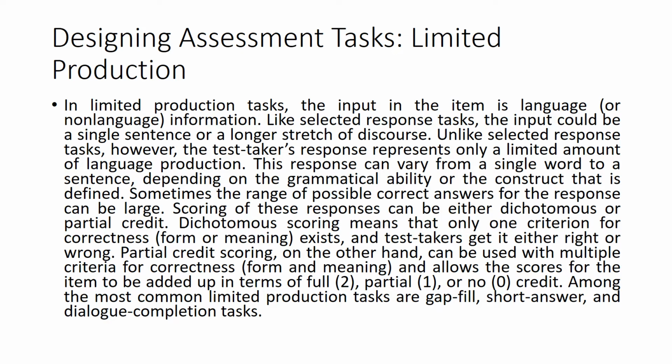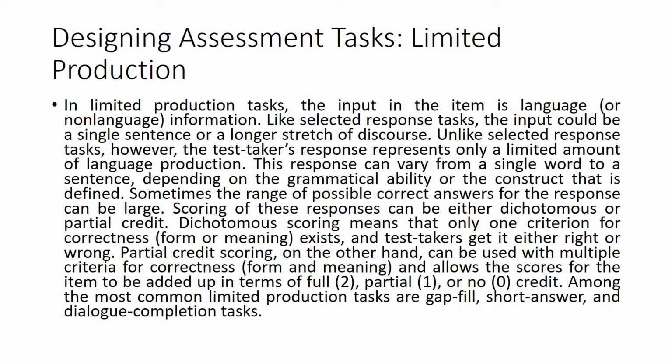So the answer that the students provide is going to be either true or false, correct or incorrect. Why? Because here you are scoring the answer depending on one criterion only. If you find this criterion, this means that the answer is correct. If you do not find it, the answer is incorrect.